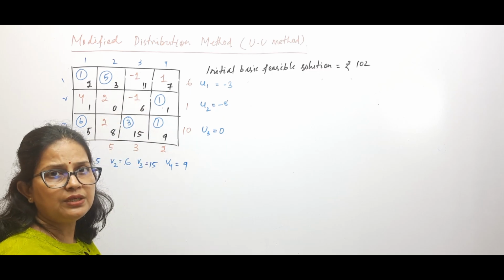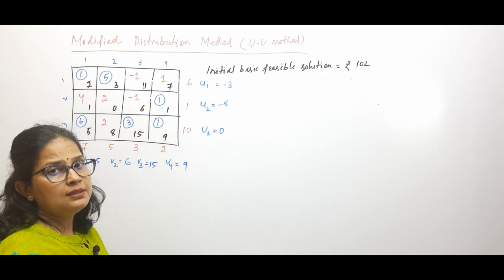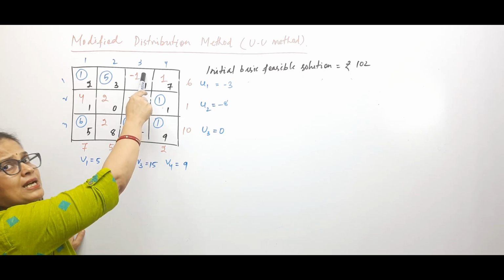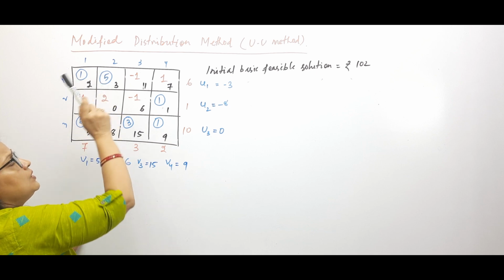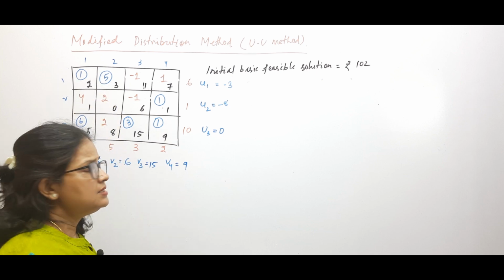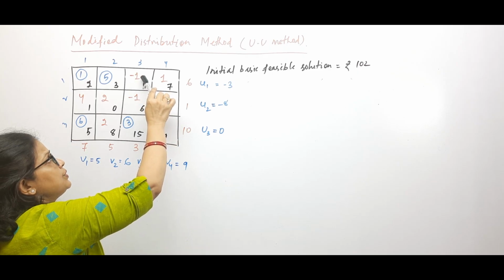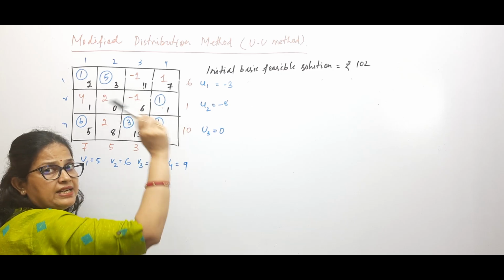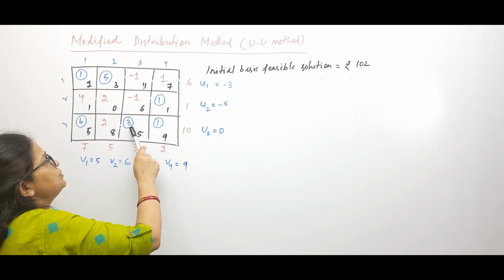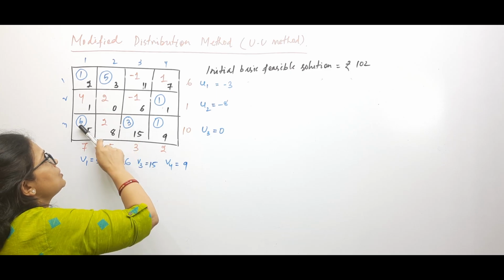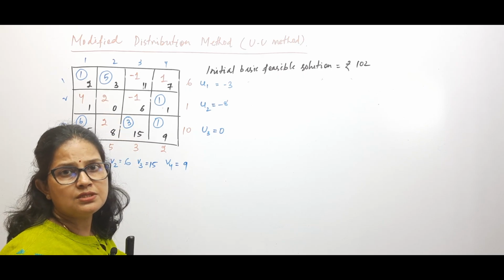How do we draw a closed path? Some rules are there. The path will start from the most negative delta ij value, and the corners of the path should have allocations.